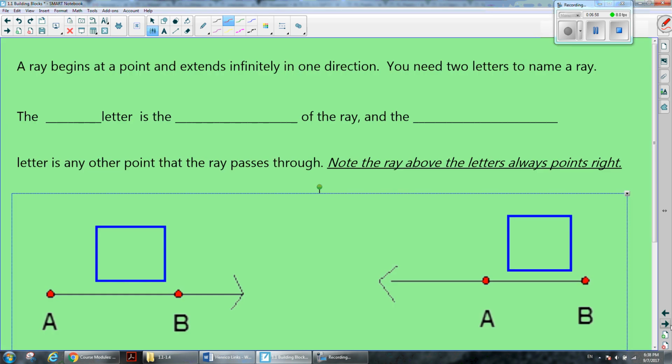A ray begins at a point and extends infinitely in one direction. You need two letters to name a ray. The first letter is the endpoint of the ray. And the second letter is any other point that the ray passes through.